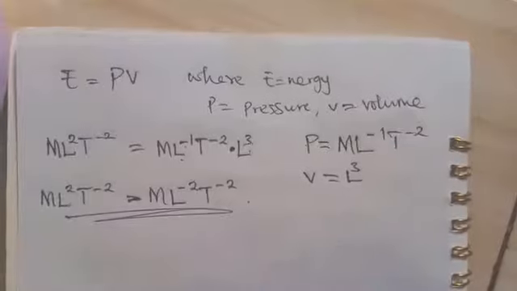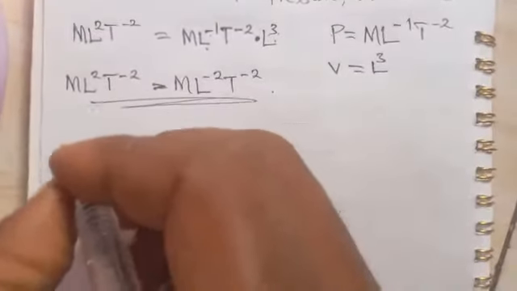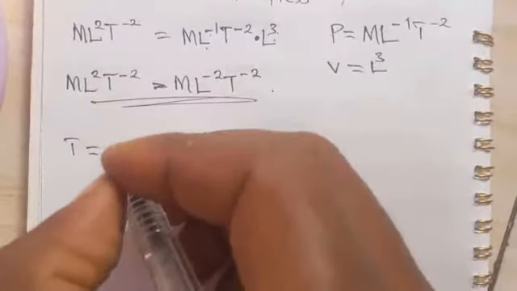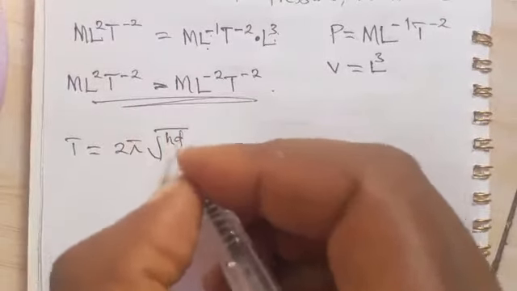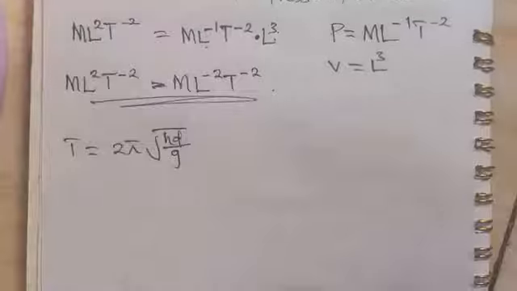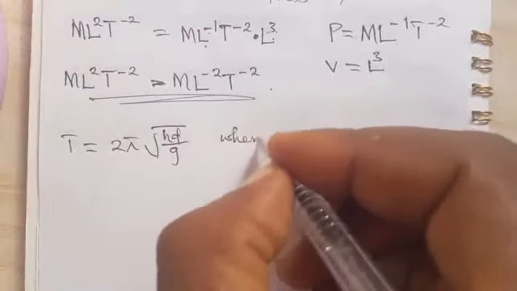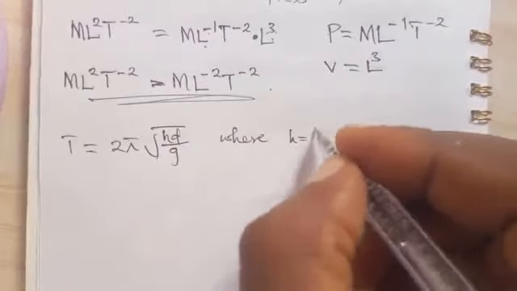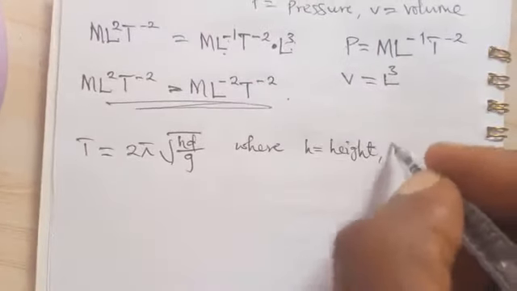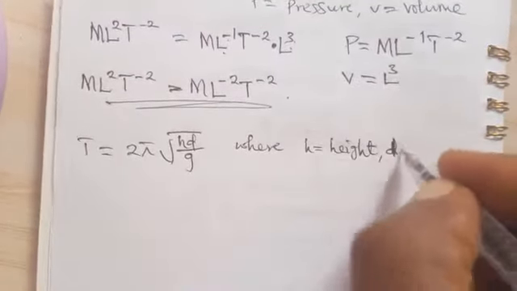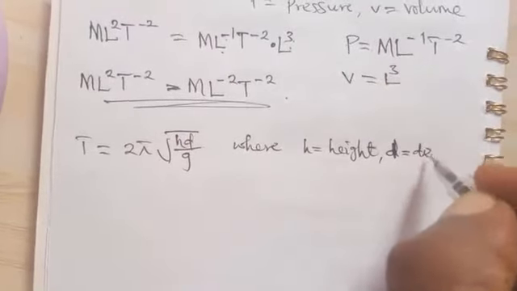So let's see another one. This says T is equal to 2 pi square root of HD over G, where H stands for height and D stands for density.